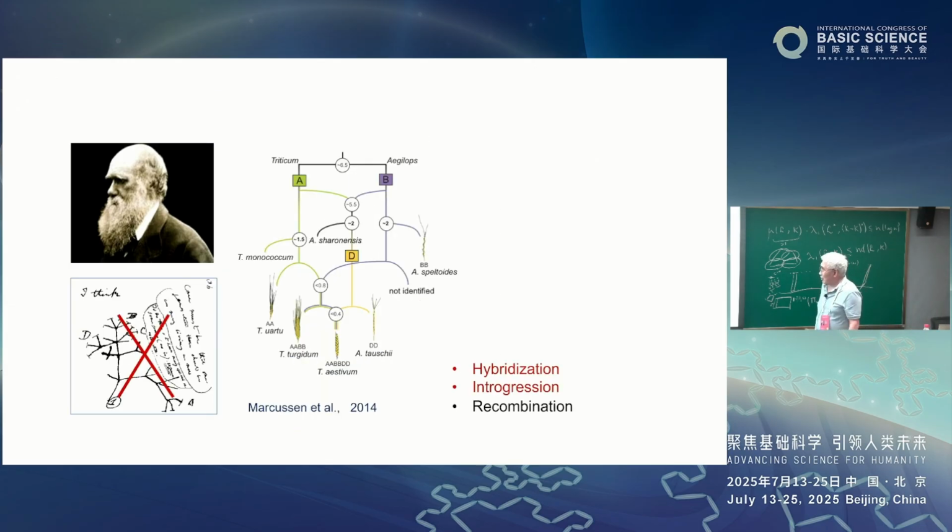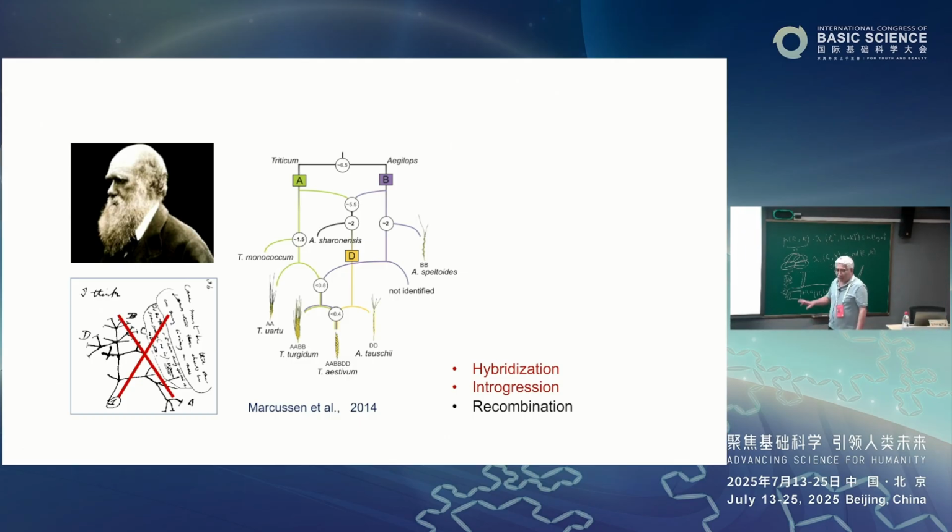But recent genomic studies indicate the tree model is not powerful enough, because reticulate evolution events like hybridization, introgression, and recombination play an important role during the evolution of genomes.